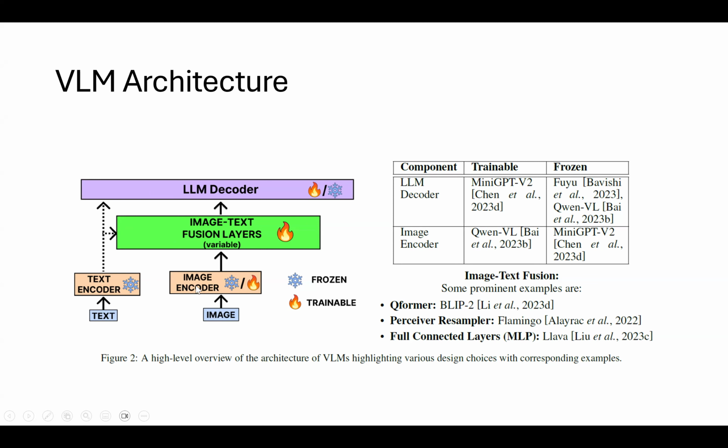Here, frozen means that when you fine-tune a model, this part will not change. If you are not able to change that, then it is called frozen. If you're able to change that, then it is trainable. For most cases, the image encoder will be frozen. However, there are cases where you can have it trainable as well.